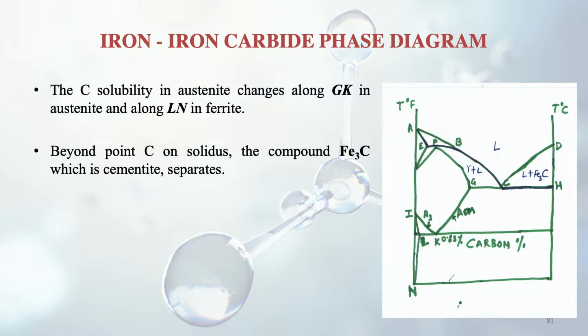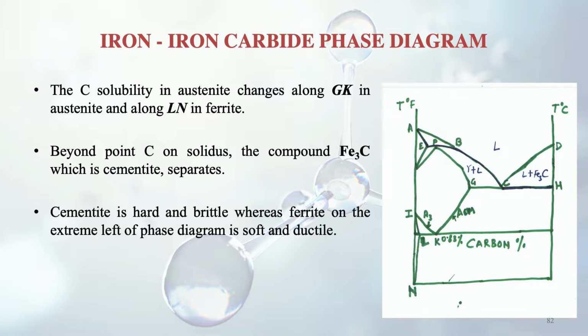Beyond point C on the solidus line, the compound Fe3C, which I told you earlier is known as cementite, separates. So take the point C in the figure. Cementite, as you have been told, is hard and brittle, whereas ferrite on the extreme left of the phase diagram is soft and ductile.